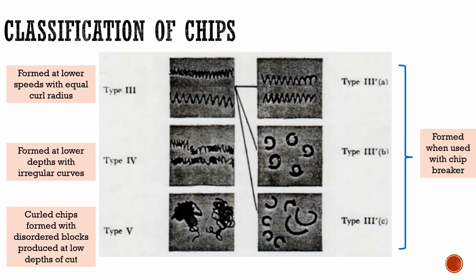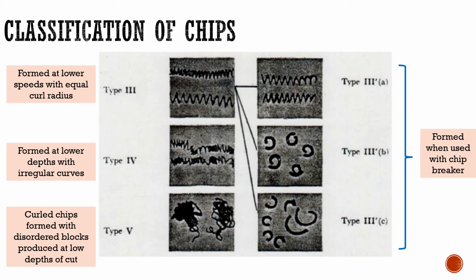And on this figure, you are seeing chips that are formed at the lowest speeds with equal curl radius, shown as type 3. And at the right side are the chips formed when chip breakers are used.